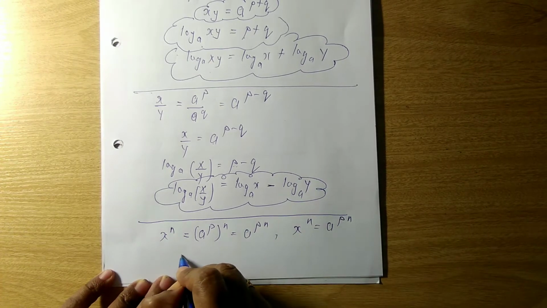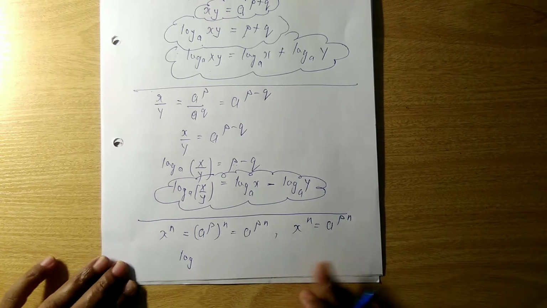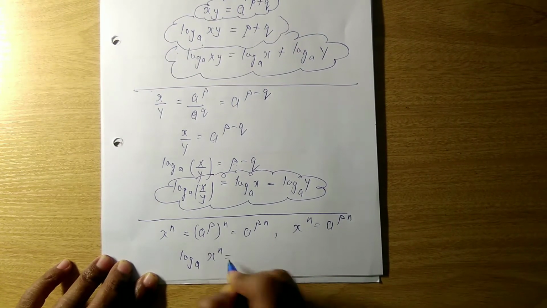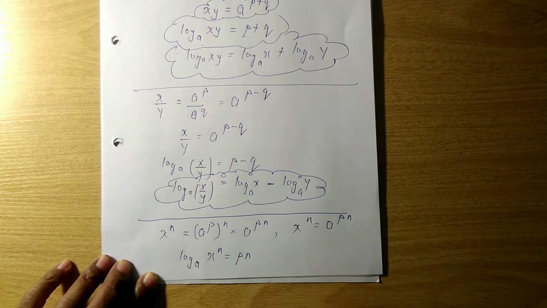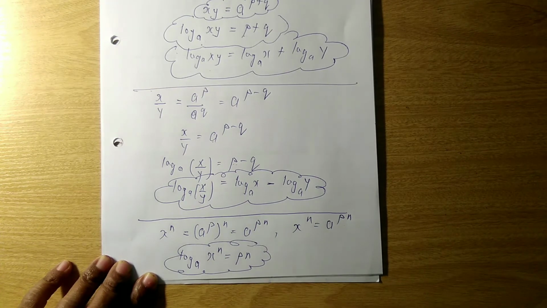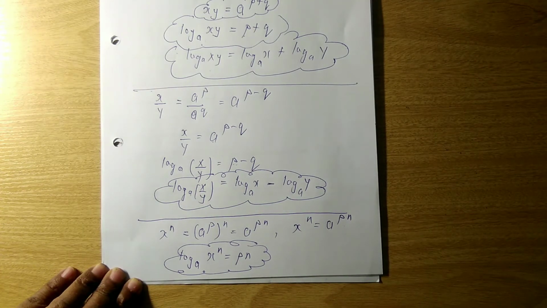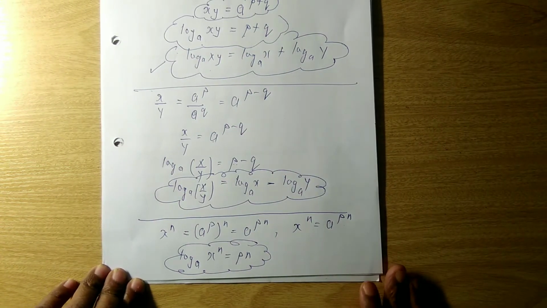Now if I use log base a of the number x^n, what I actually get is pn. So this will be the third law of logarithm.